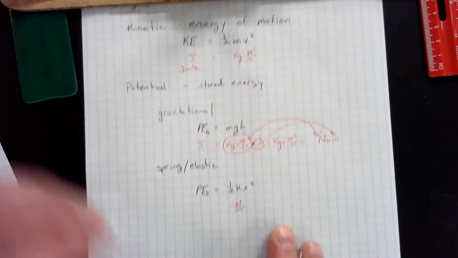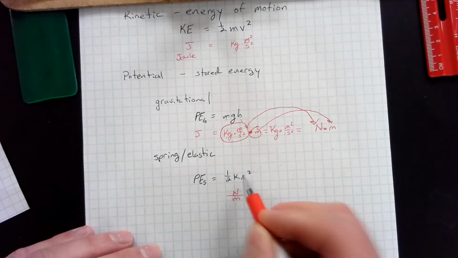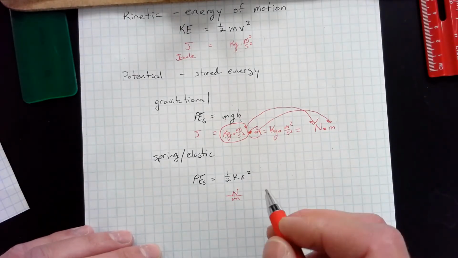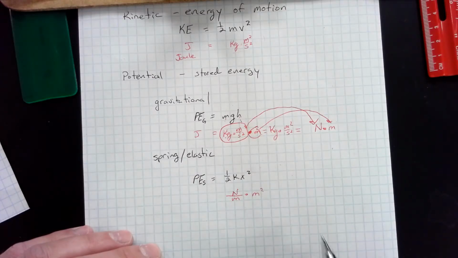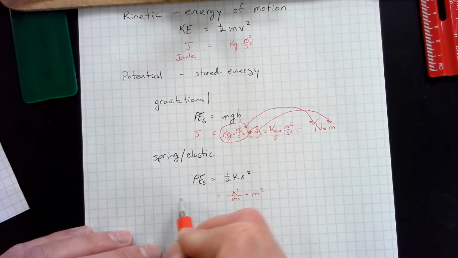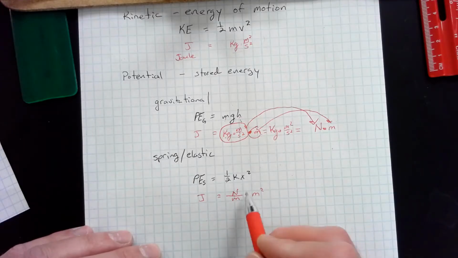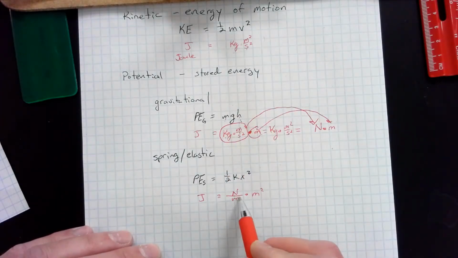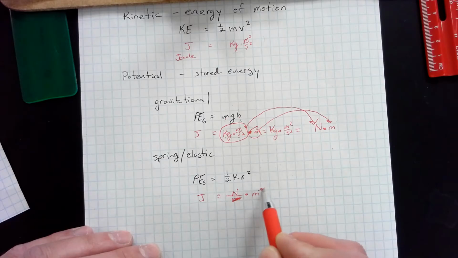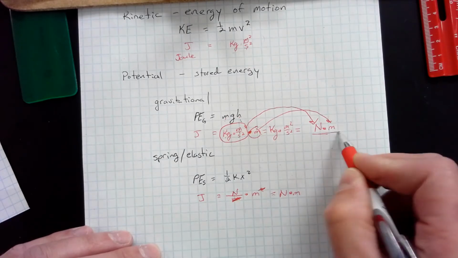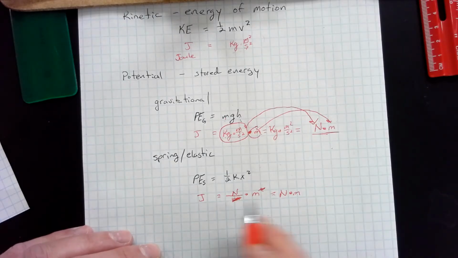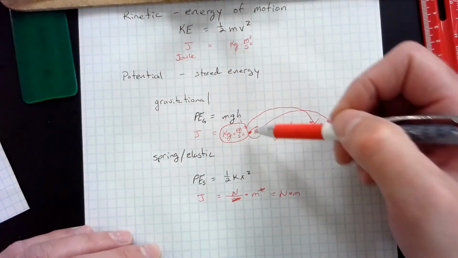And then x is the spring stretch or compression distance, so that's a distance in meters, and it's squared. Now this is going to equal a joule, but how does it relate to these other things? Hey, there's this meter here. That cancels out one of those meters, which equals a Newton times a meter, which relates to what we just saw up here. So the units do work out, even though you have very different variables in there.